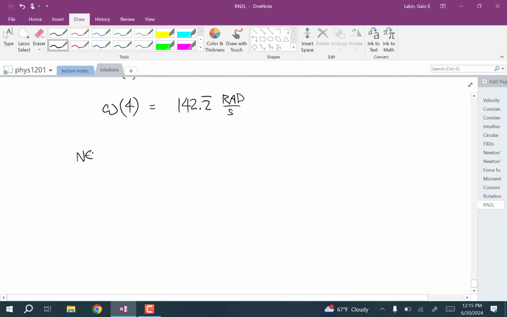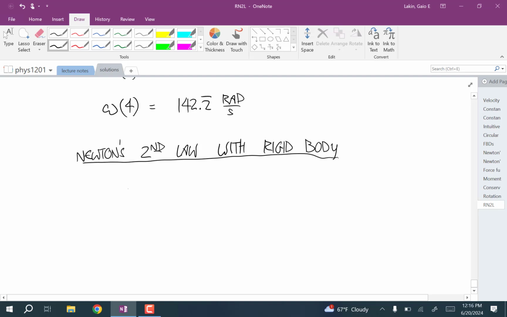So Newton's second law with a rigid body looks like this. The net force is equal to the mass of the body times the acceleration of the body's center of mass.